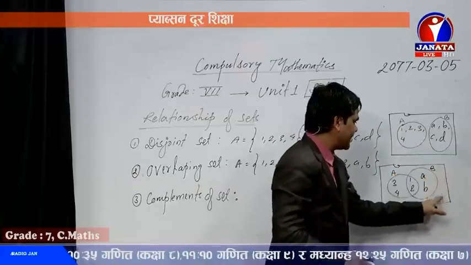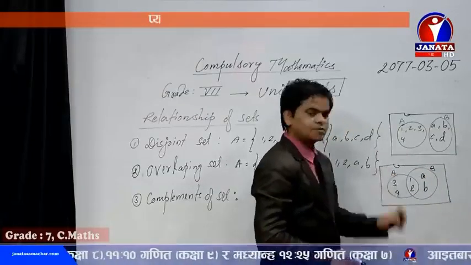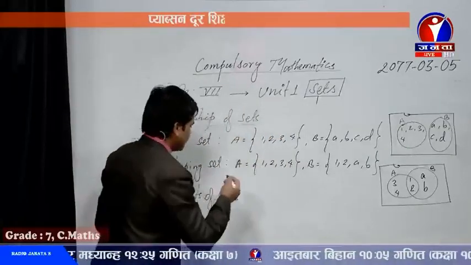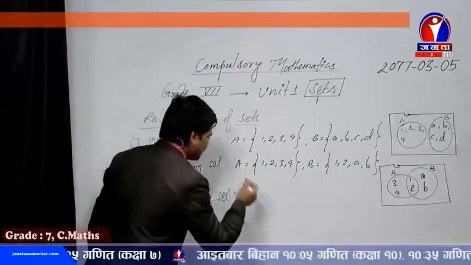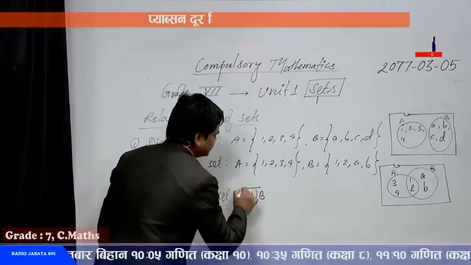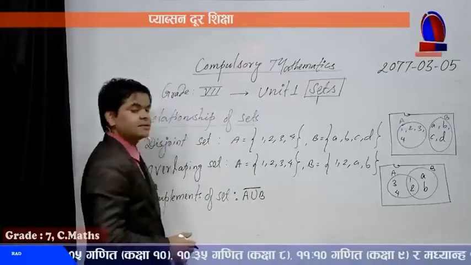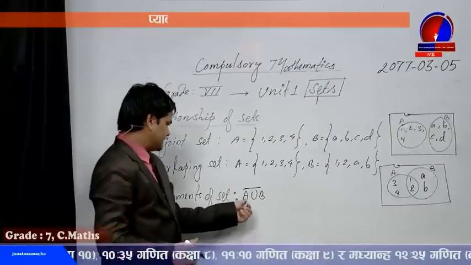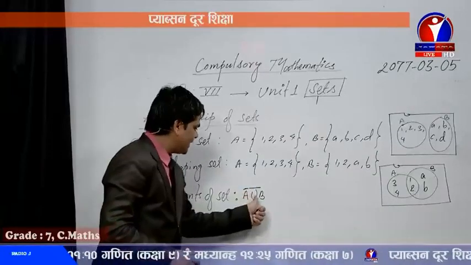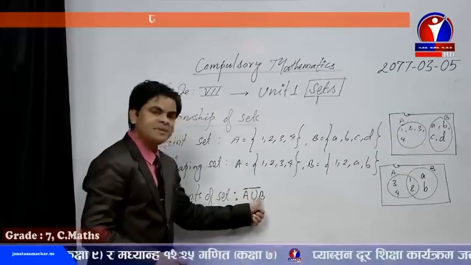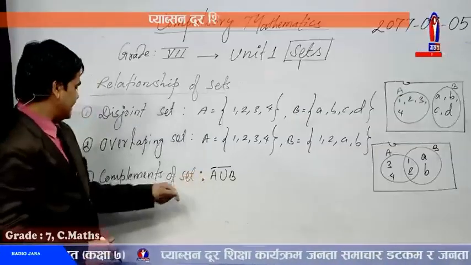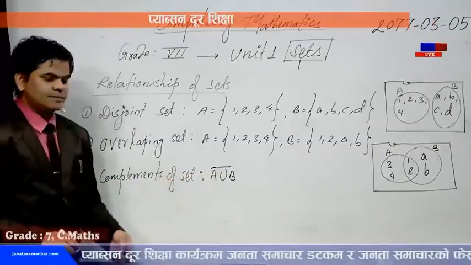That means you can write those elements outside of both circles. So while writing complement of set, we use (A union B) complement. This bar represents the complement. That means (A union B) complement means except the area of the A and B circles, the remaining area is represented by the complement of the set.